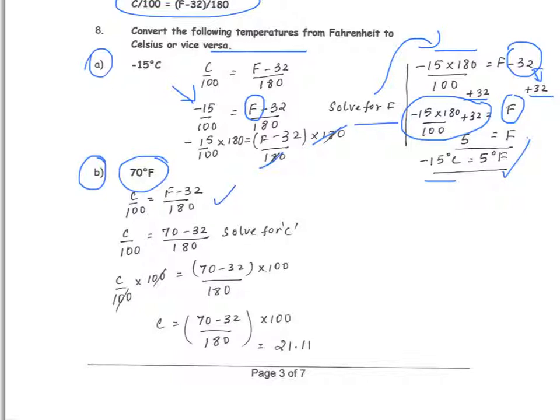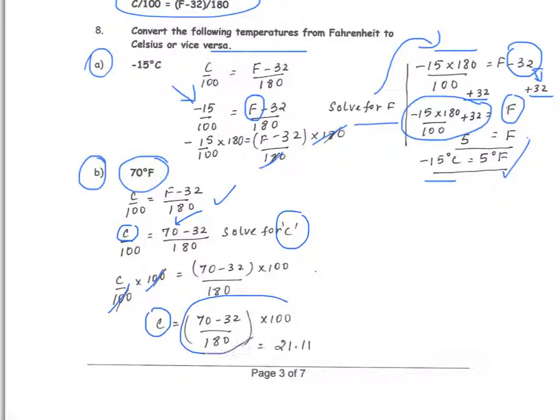Write down your equation first, plug in the number that you know, so in this case it is 70. Now the next thing is to solve for C. You need to get C by itself, which means get rid of 100 by multiplying both sides with 100. So that cancels off the 100.